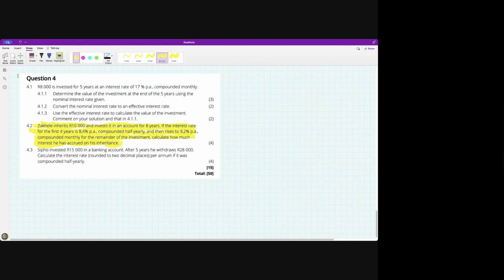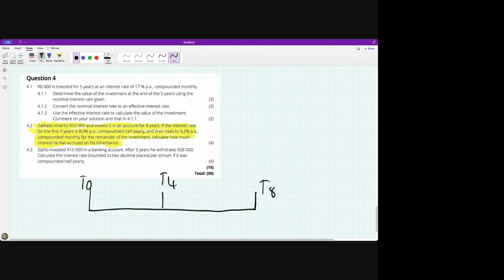Okay, let's see what we would get here. T naught, T8, T4. Now, what else do you think the timeline needs still?